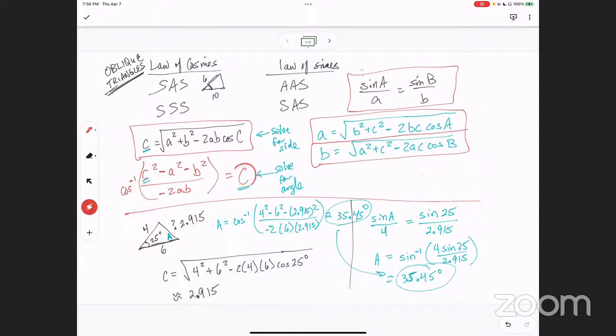But you couldn't do, if you wanted to solve for angle B, it would be the cosine inverse of B squared minus A squared minus C squared all over negative 2AC, instead of AB. Because these have to be the same, since these are coming from here.